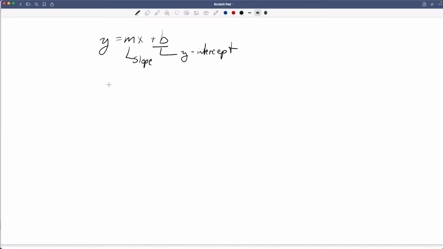So we remember that whenever we have a flat line, like let's say we have a coordinate system here. Here's a coordinate system. Let's use this blue line here.